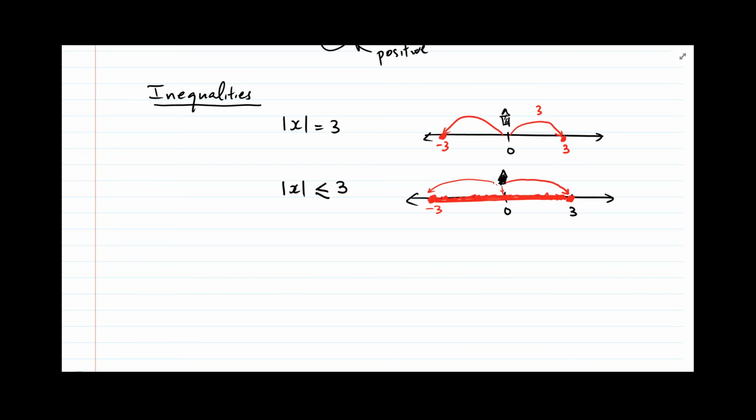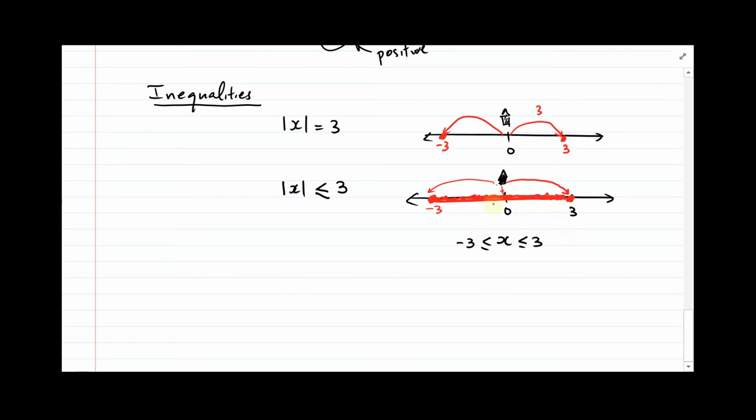Now, if you remember going back to the combined inequalities, the way that we wrote this as a solution was that x is between -3 and 3 inclusive of those endpoints, right? Or said more formally, x is greater than or equal to -3 and less than or equal to 3.